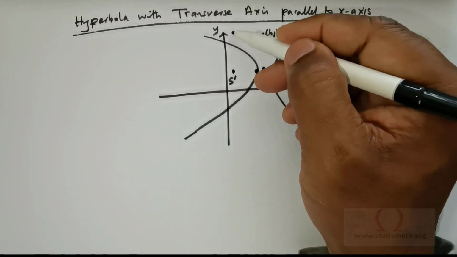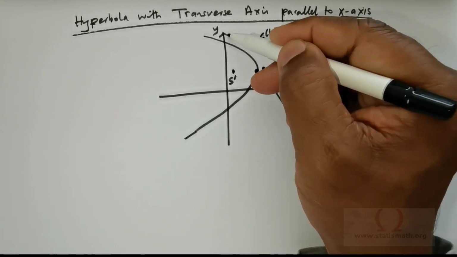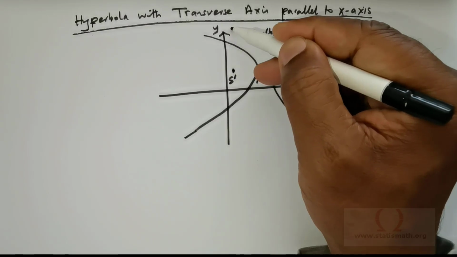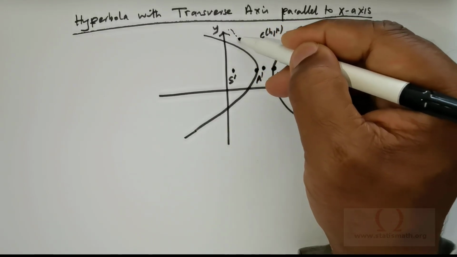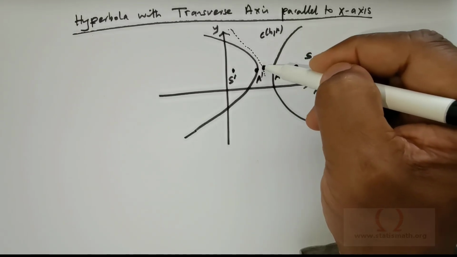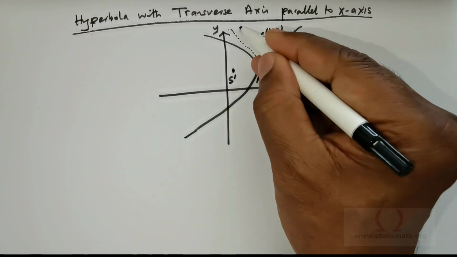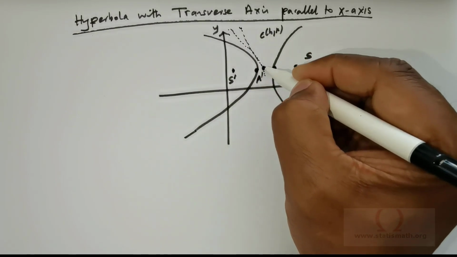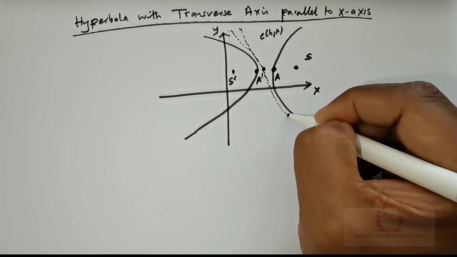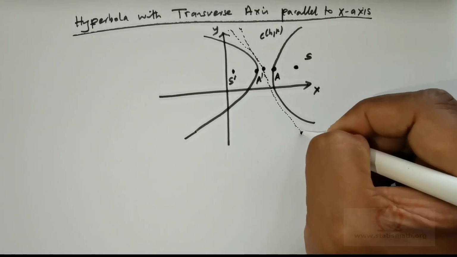Now you have to understand one important thing. Now there is something called the asymptote. Now the asymptote will be passing through the center. Maybe let me draw it like this, but it will never touch the curves, but it's a straight line.